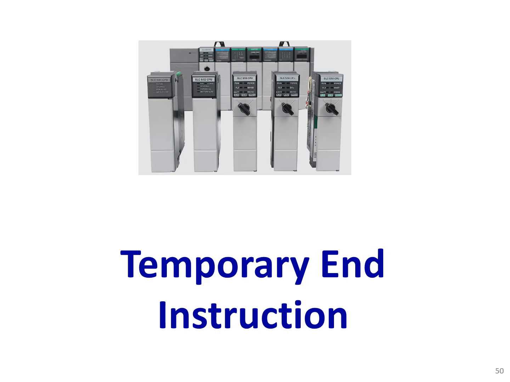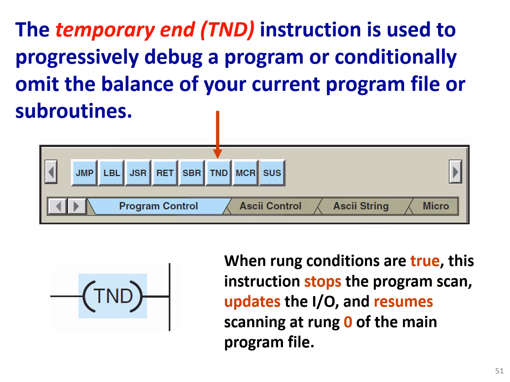Temporary end instruction. The temporary end, here we have TND, so we almost discussed these control instructions. We are close to the end and we are now in the TND topic.